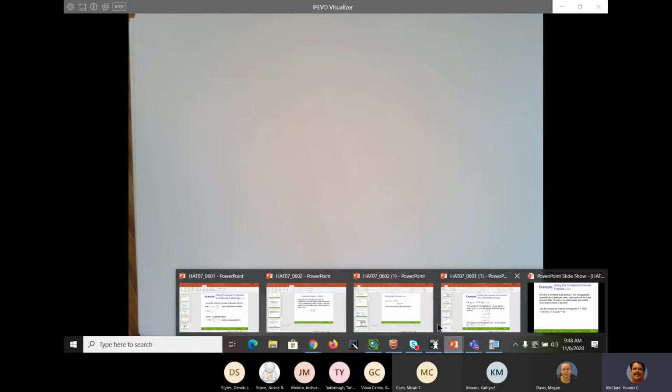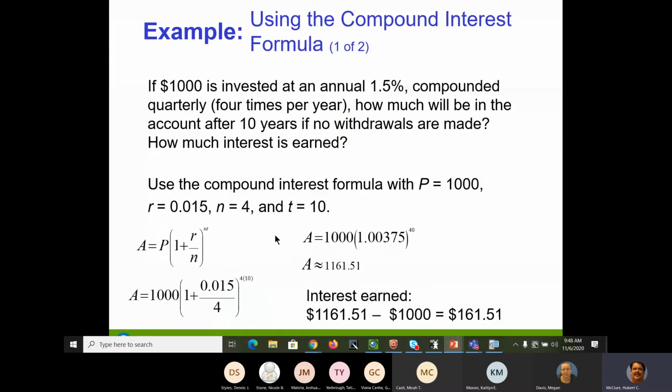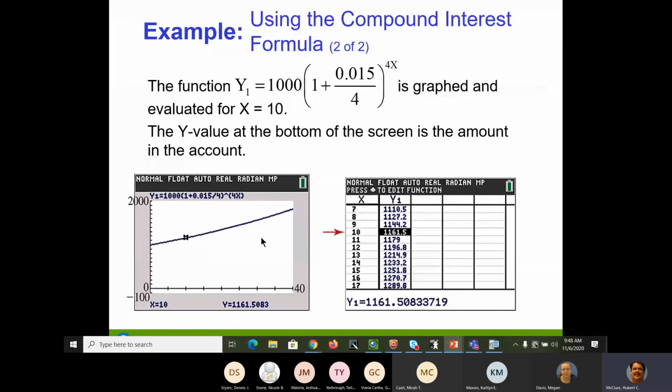Okay. Next is, I want to make sure there's nothing else. And you can also graph, and make sure you see this. I just want you to see that you can actually graph what we just did.